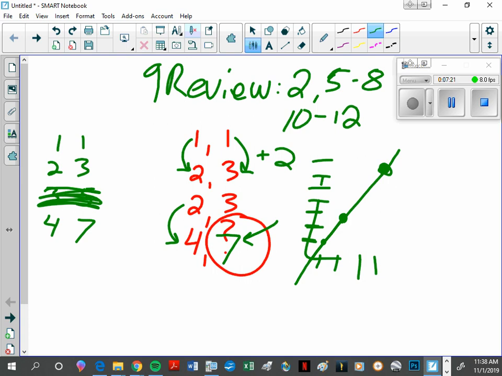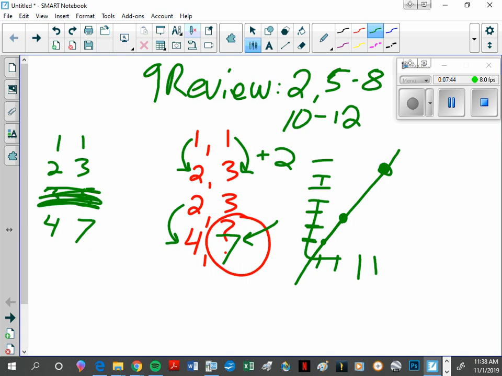What number do we need to put in the y value to match 4? Not 5. Not 6. It's not possible. Why is it not possible?